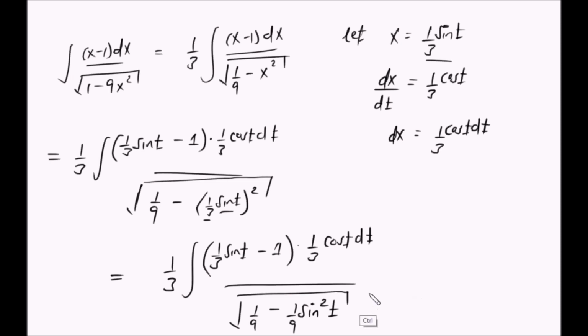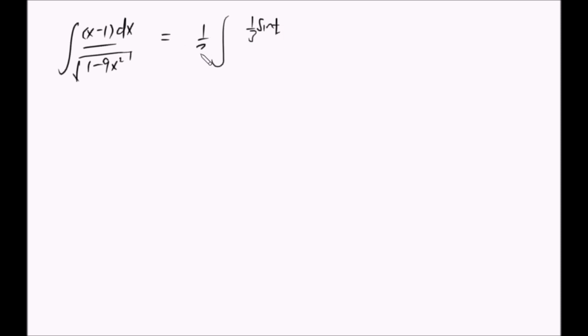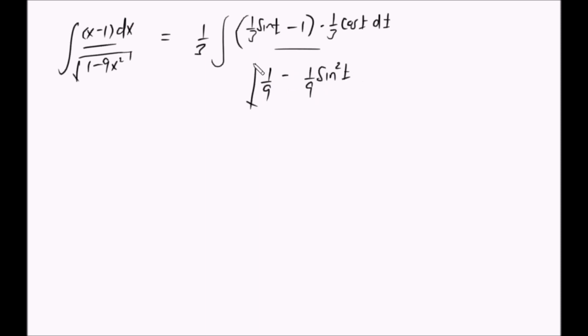So nimefika mpaka hapa, nimefika kwamba hii integral yangu hii niliyoanza nayo ni sawasawa tu na hii 1 over 3 sine of t, huku nje pia kulikuwa na 1 over 3 minus 1, and then we had 1 over 3 cos of t dt over, so hapa chini tumekuwa na 1 over 9 minus 1 over 9 sine squared of t, square root yake.